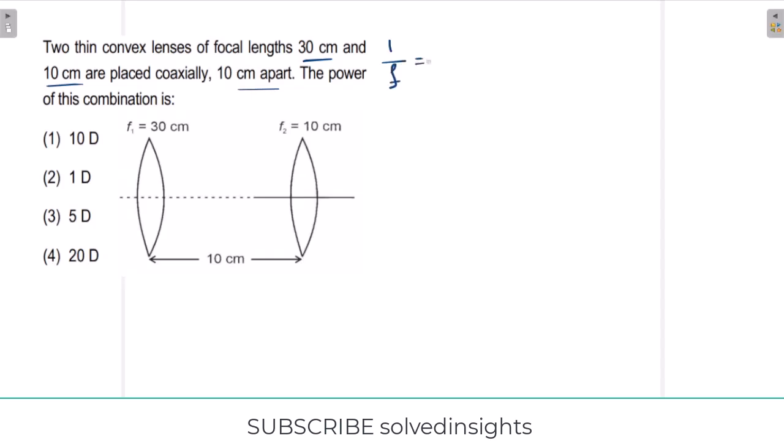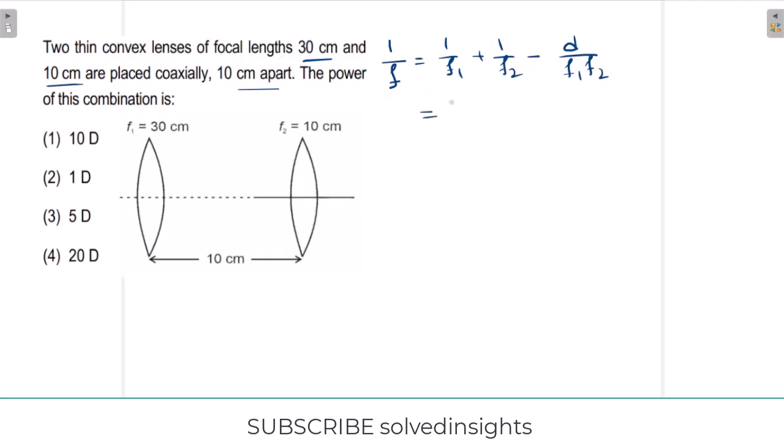1/f = 1/f1 + 1/f2 - d/(f1 f2), where f1 is the focal length of the first lens, f2 is the focal length of the second lens, and d is the separation between the two.